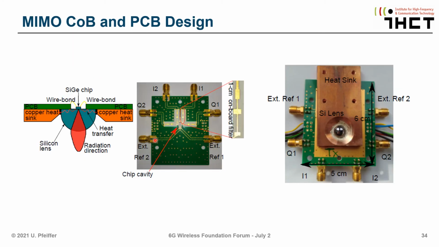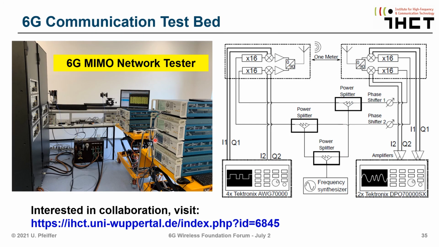Now here you see the packaged chips and the PCB design, very similar to the previous hardware that you have seen. Now we have just recently extended our measurement capabilities in my lab. So we are setting up right now a 6G communication testbed where you have 6 real-time oscilloscopes from Tektronix available and also 6 AWGs, which you can combine in different ways to characterize THz MIMO systems.